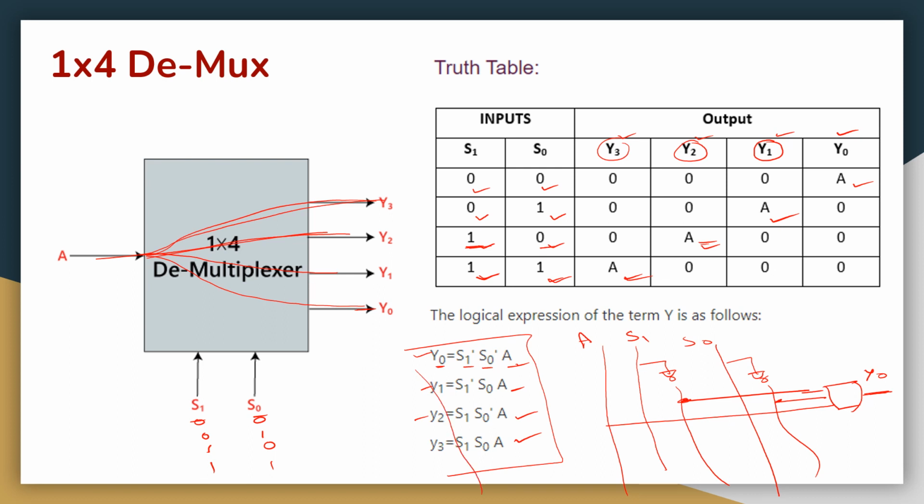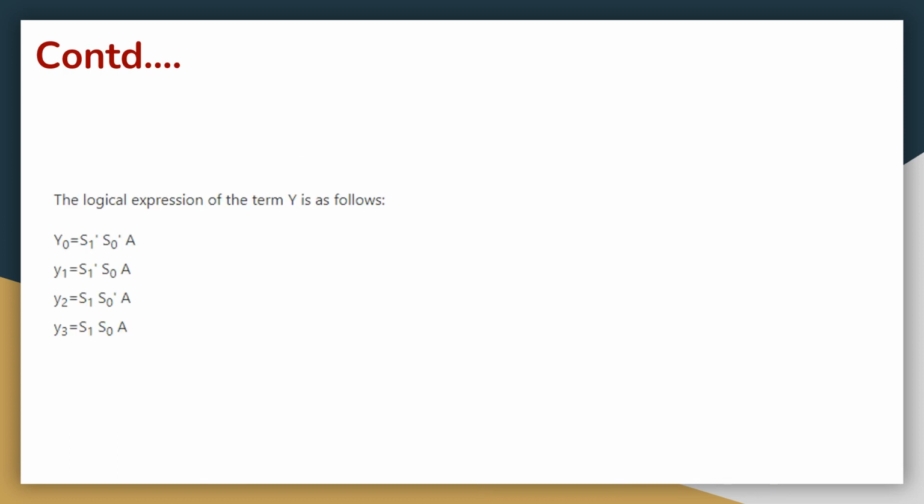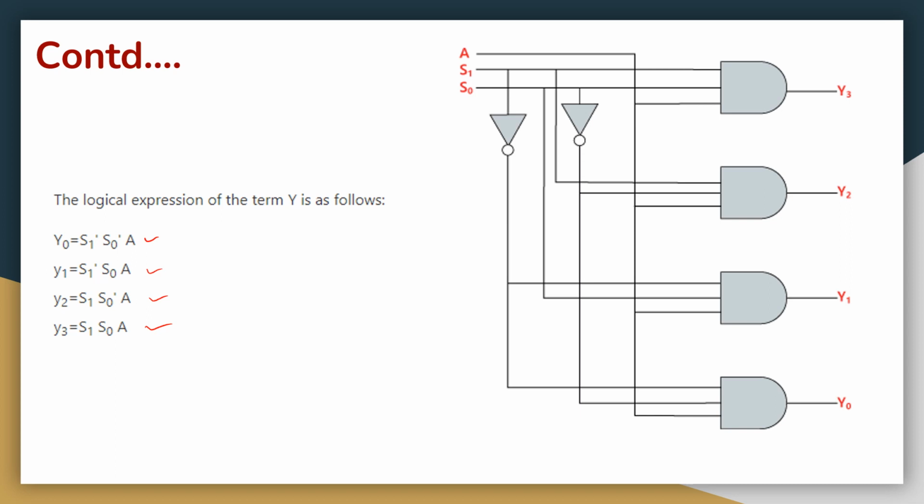So now these are the expressions for y0, y1, y2 and y3. Based on these expressions, now see the corresponding diagram. Here it is input A, selection lines S1, S0. Now see, here it is y0.